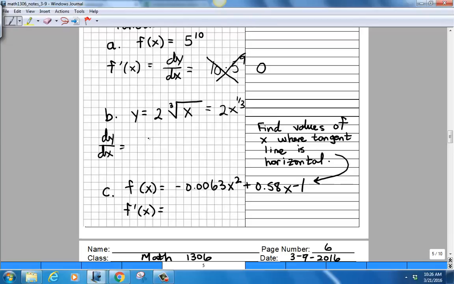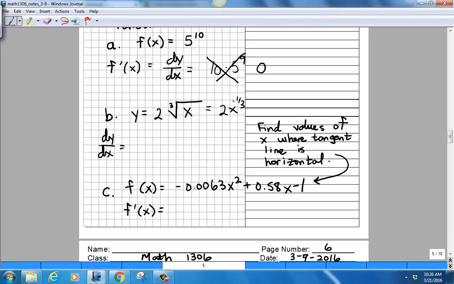Yeah, the power rule. It's the power rule, right? So what does the power rule say to do? So you have 2 over 3. Where did you get the 2 over 3 from, though? That's correct, but that's right.